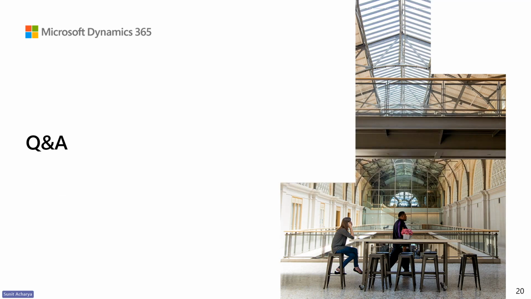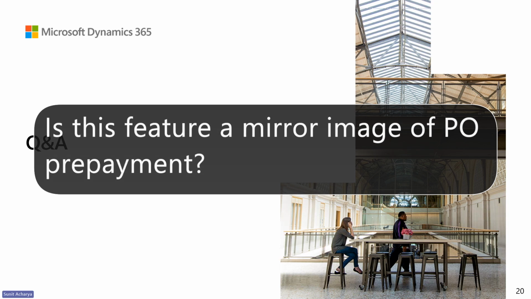So here's a list of questions. Is this feature a mirror image of purchase order prepayment? I would say no, because the purchase order prepayment has been there for many years.